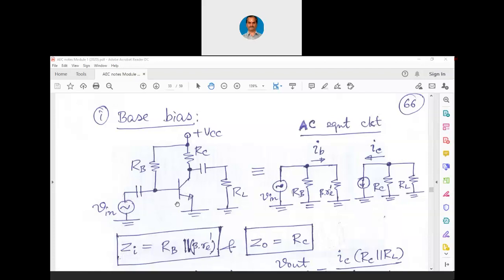That means the input signal can be in millivolt or microvolt or nanovolt or picovolt or femtovolt or zeptovolt or yoctovolt, attovolt, whichever way. 10 power minus 12 is pico, whereas later we have 10 power minus 15, 10 power minus 18, 10 power minus 21, 10 power minus 24. We are dealing with much minute, small signals.